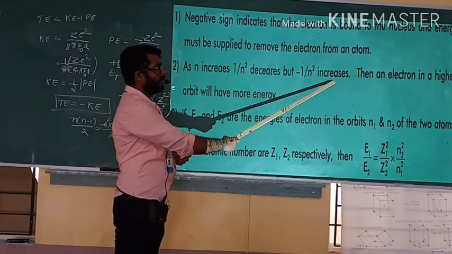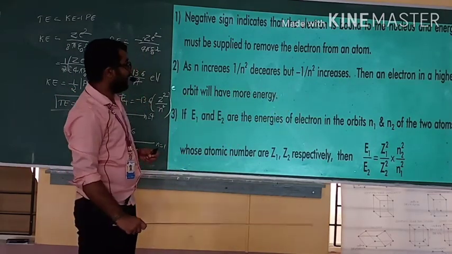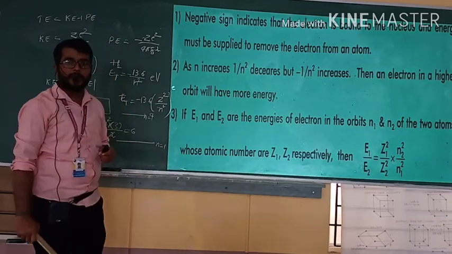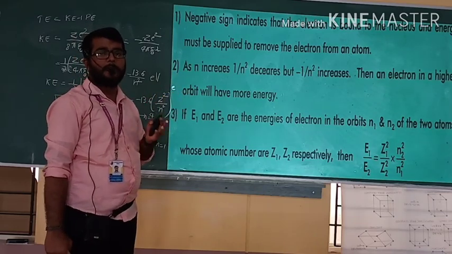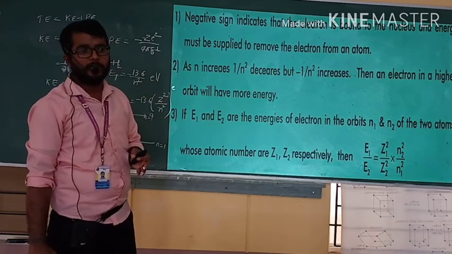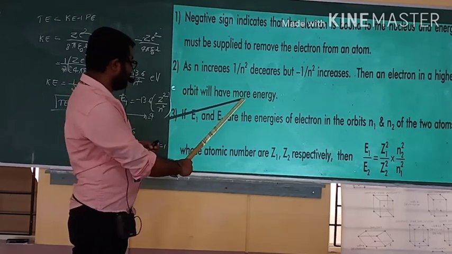But because of the negative sign, minus 1 divided by n square increases. Then the electron in a higher orbit will have more energy. That means an electron in the n is equal to 4 state has maximum energy compared to the n is equal to 2 state.